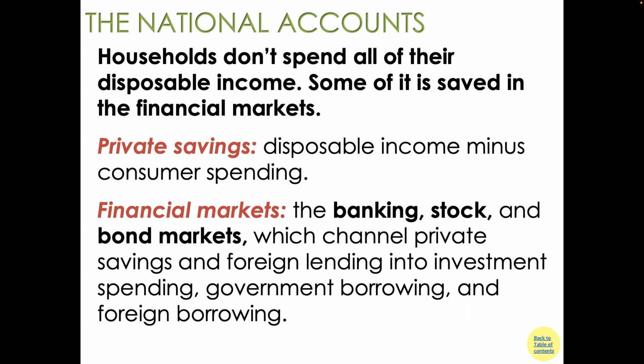And the financial market includes banks, the stock market, and the bond market. Essentially it channels money from those who have it to those who need it, or those who don't have it. Okay, so this is the financial market.